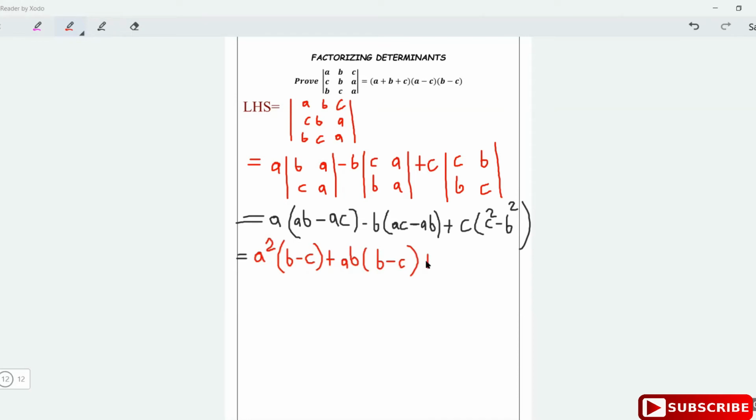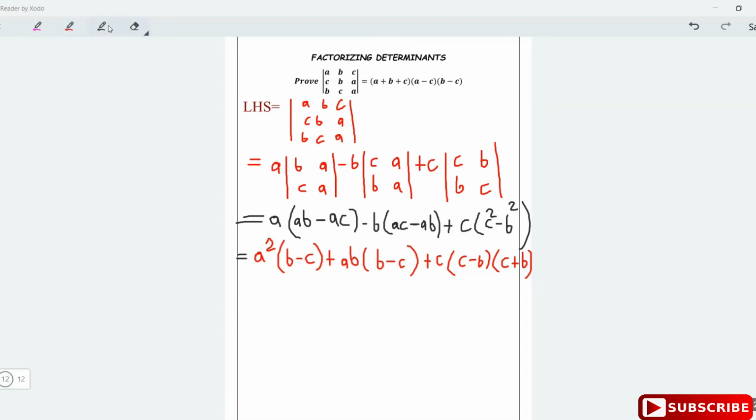Then I have plus C times, but C squared minus B squared is a difference of two squares. That is C minus B times C plus B. But instead of writing C minus B, look what I'm going to do.